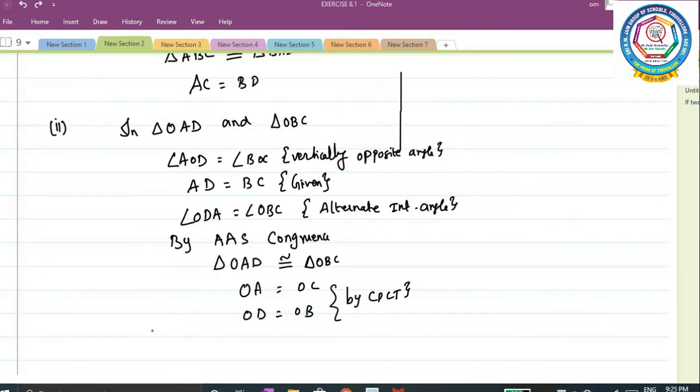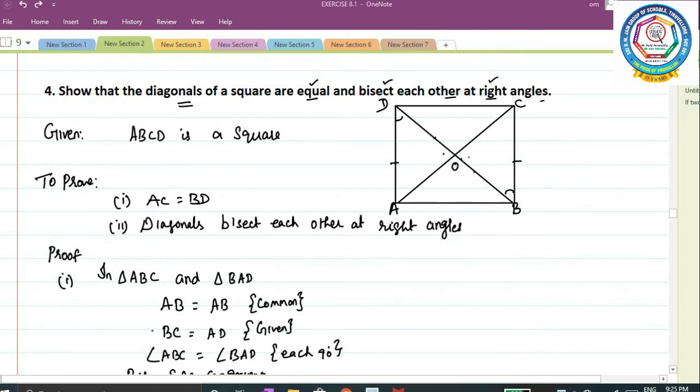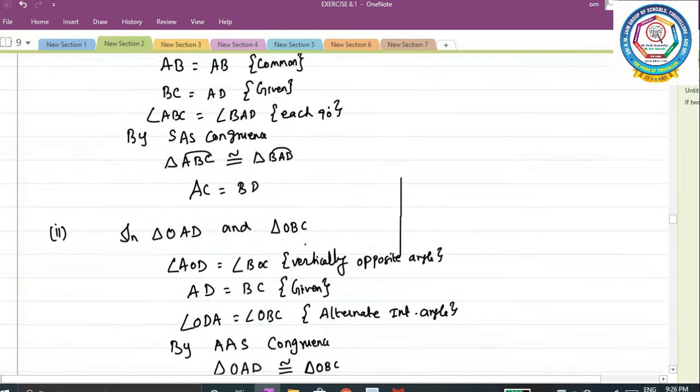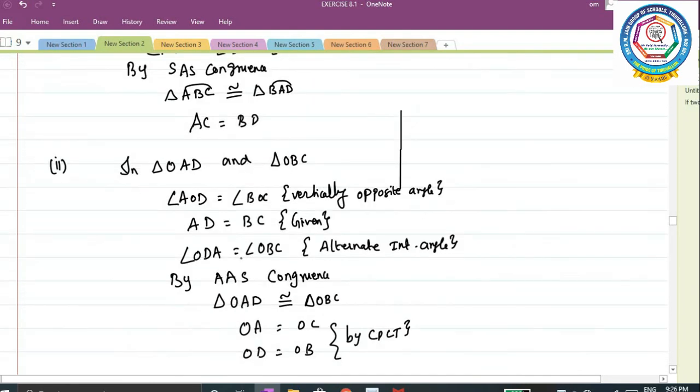Next we have to prove diagonals bisect each other at right angles. Now I am going to take triangle AOB and triangle AOD. In both triangles OA is common.